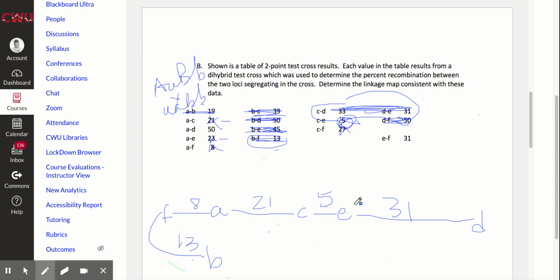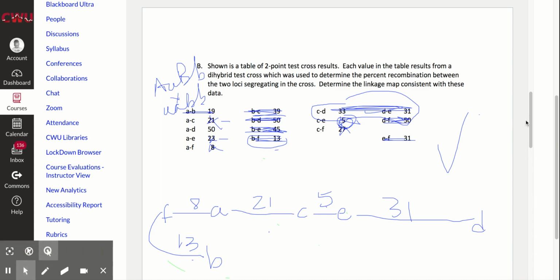I've already got it in the map. Let's see if that number makes sense. 28, 21 and 8 is 29, and 5 is 34, and this is 31. So that's perfectly consistent with this map because we would expect the longer distances to be a little shorter than they should be. So we are done.